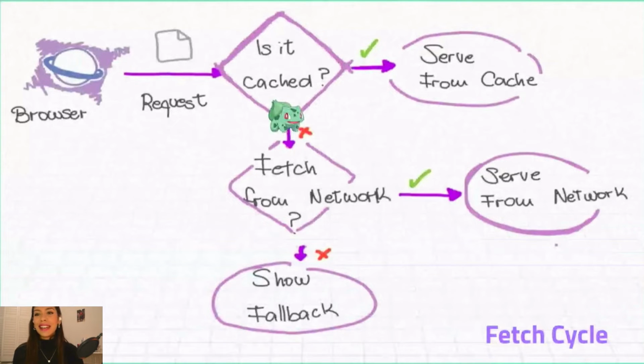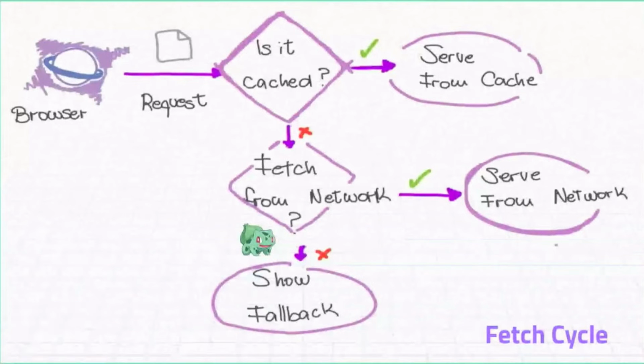In the case that they are available, they're going to serve those files from the network. And in the case that it is not, because for example, it can happen that you need a request from an endpoint and that backend is under maintenance or is not available. It happened to us. We have to always have a backup. That is called fallback. So that's the one that you need to know.